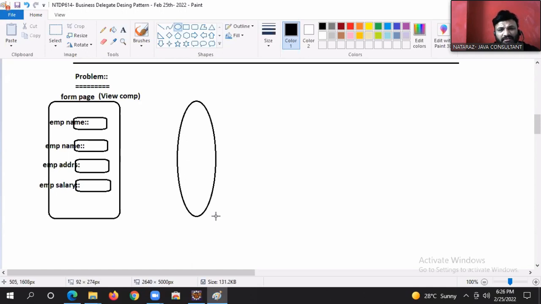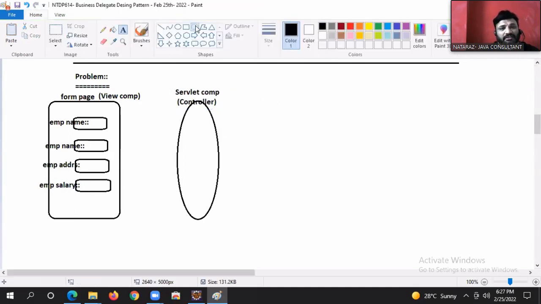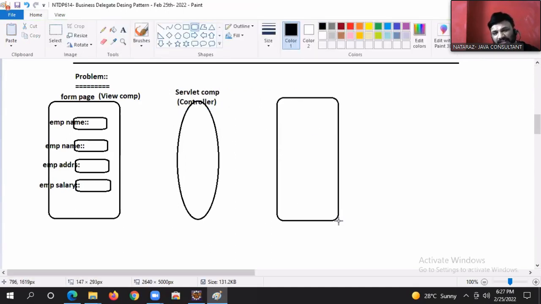Controller servlet component. Next, here is my business delegate component.